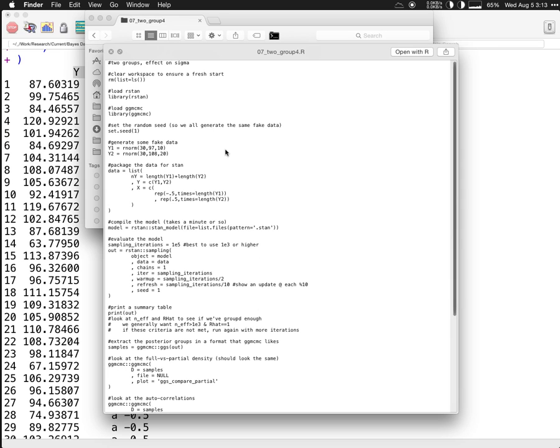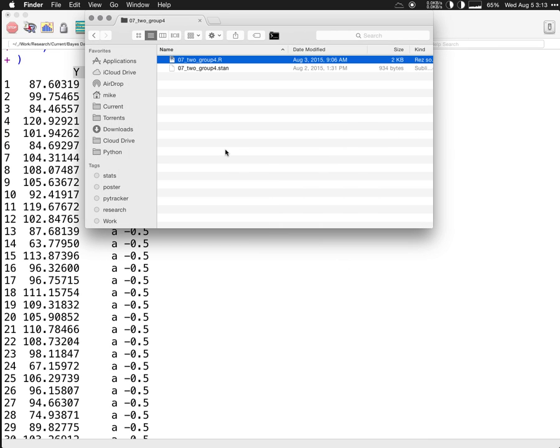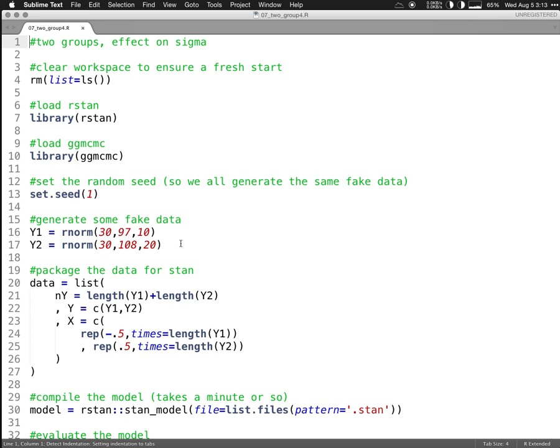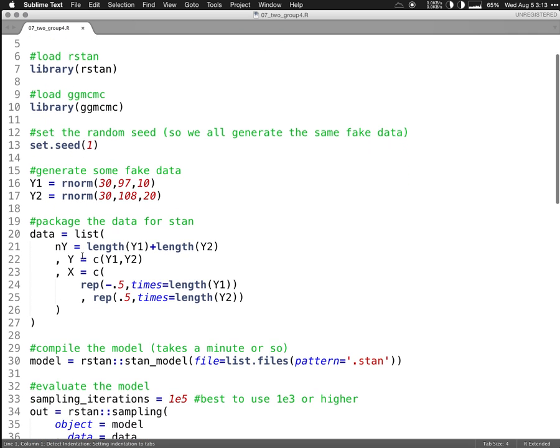I think this one is the same, where we end up getting long formatted data. The only difference is that in generating the data, I actually generated them from populations that differed in their standard deviation. So remember, in the standard 2-sample t-test, we've got two groups.